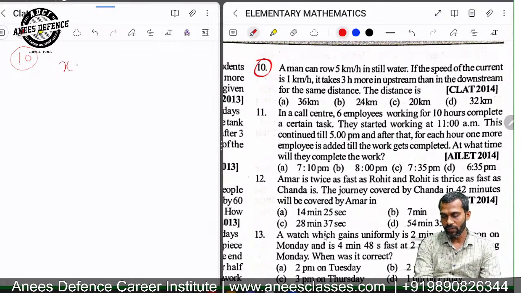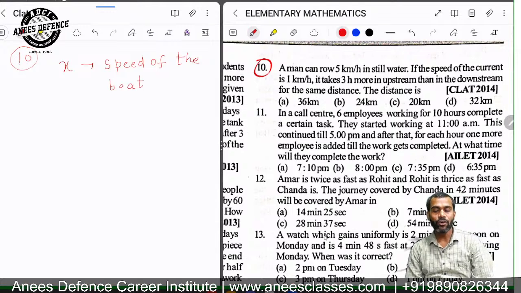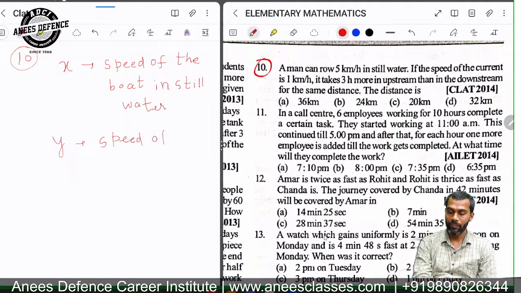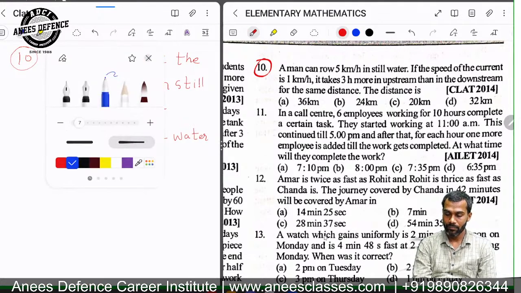So always assume x is the speed of the boat in still water. Yes or no? Now next, let us assume y is the speed of current or water. Yes or no? What is upstream?